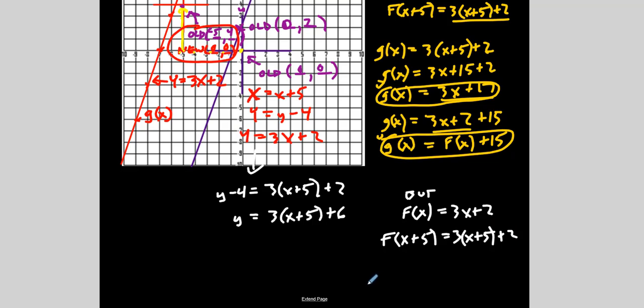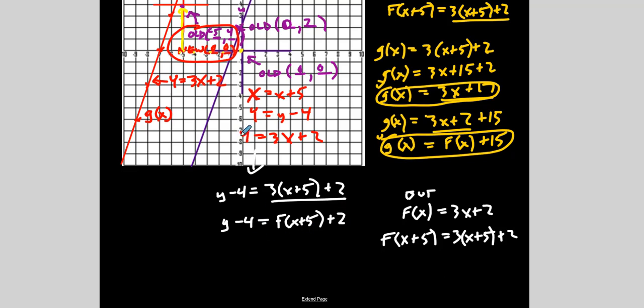Okay, so that means, and actually let's remove this step, and before we go to the last step here, notice this is just f of x plus 5, so this is going to be little y minus 4 equals f of x plus 5 plus 2.